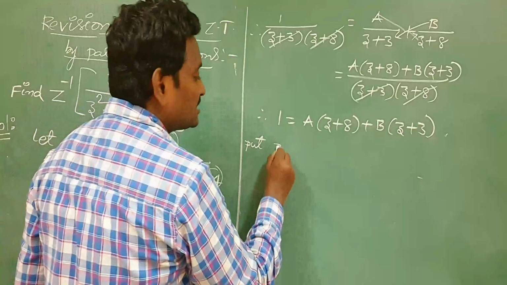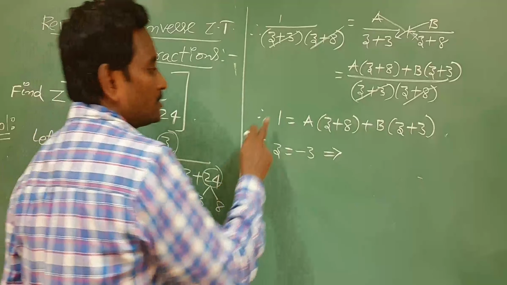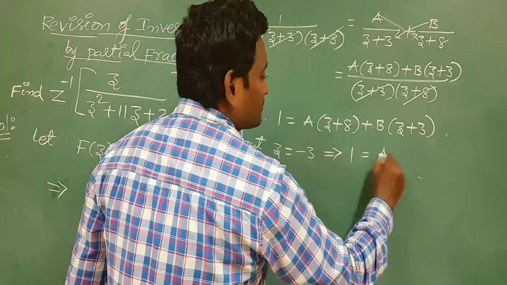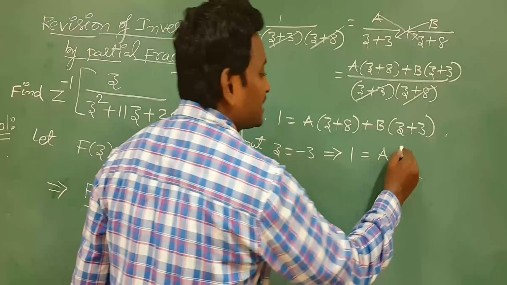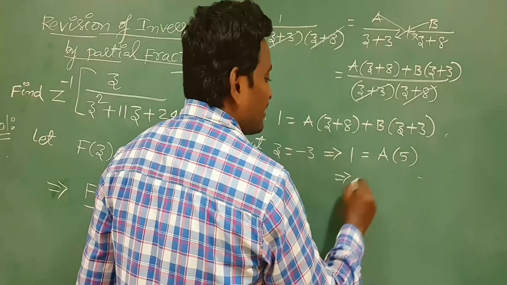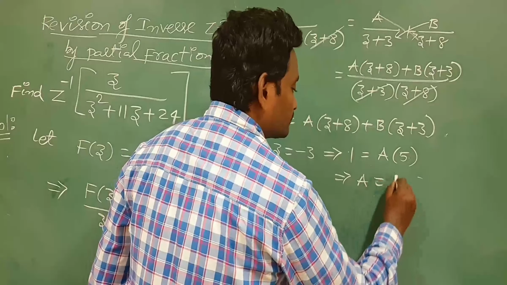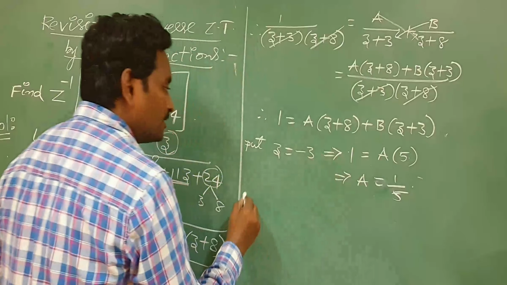That is why replace z is equal to minus 3. Automatically you will get the value of a. So, left hand side is only 1. So, a times of, whenever we have z, replace it by minus 3. Minus 3 plus 8 is 5. That is why a value is 1 by 5.